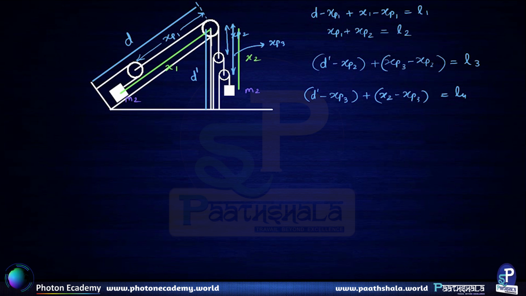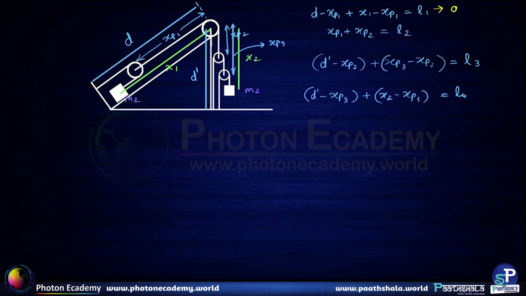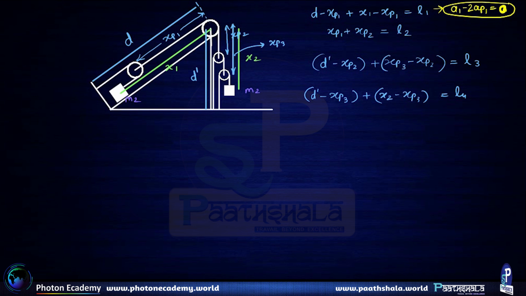So for the first equation, double differentiating will give us a1 minus 2ap1 equal to 0. So this is our first constraint motion equation. For the second equation, we can write down ap1 plus ap2 equal to 0.